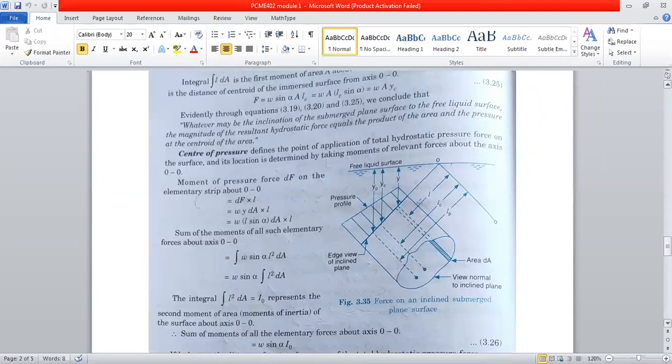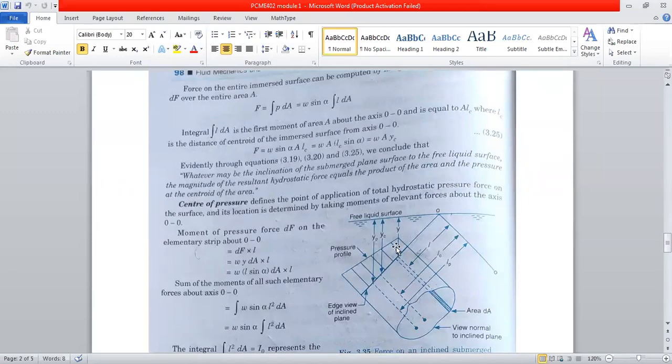That is the y, the distance of the elementary strip from the free liquid surface is y. So this angle at the point O is alpha. From the geometry, perpendicular by hypotenuse is sin alpha.